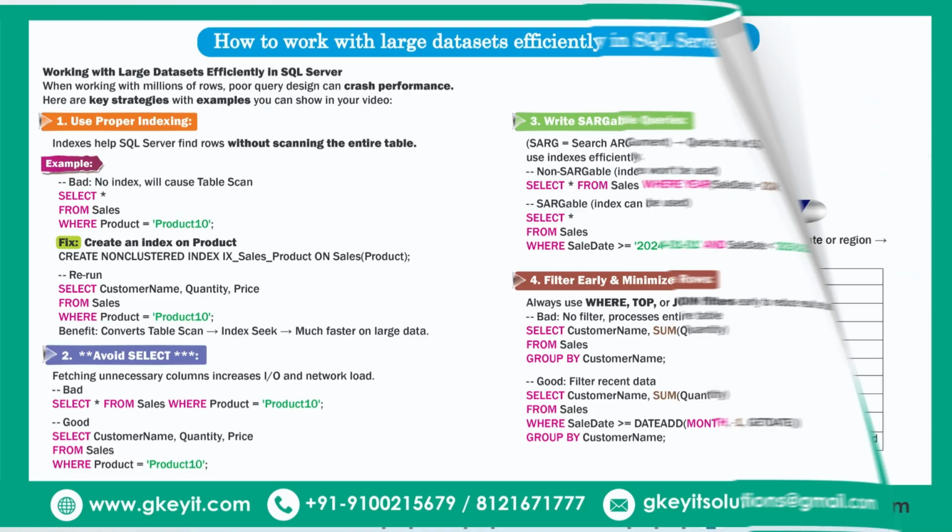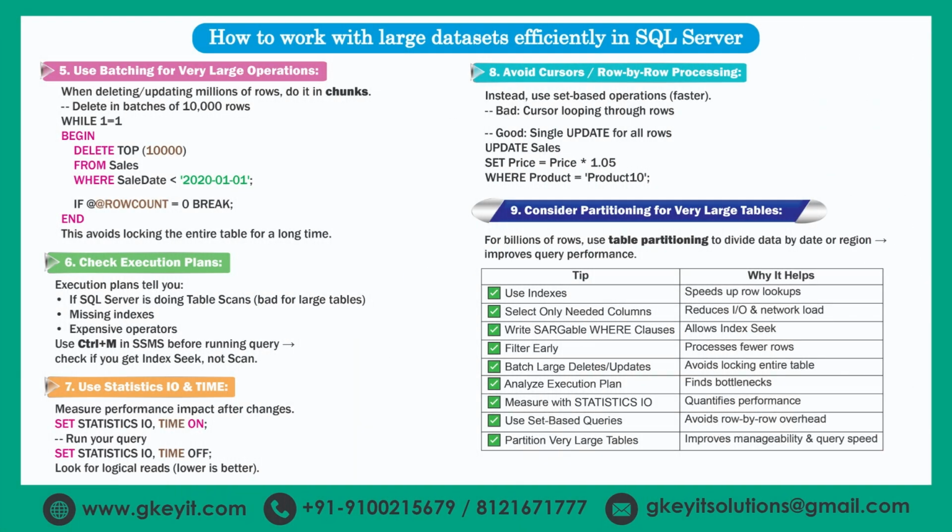And coming to the next point, the fifth one, use batching for very large operations. When deleting or updating millions of rows, do it in chunks. Delete in a batch of 10,000 rows: we can use while 1 equals 1 begin, delete top 10,000 from sales where sale date is less than or equal to some date, whatever is mentioned here.